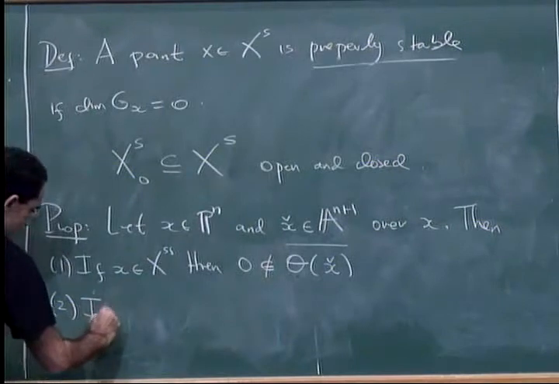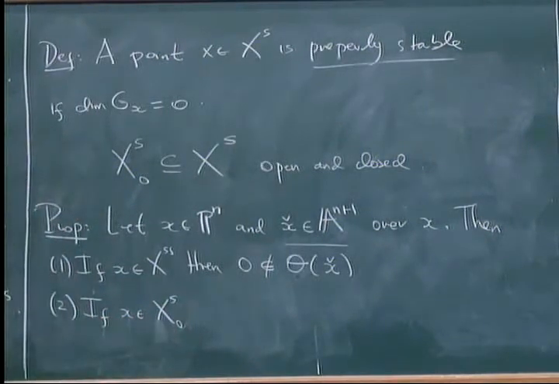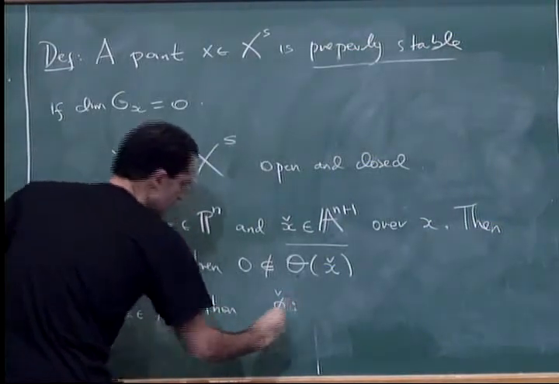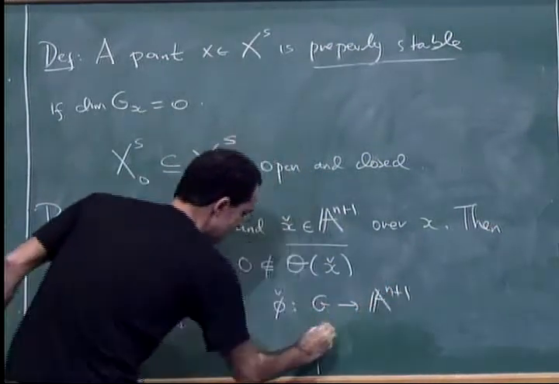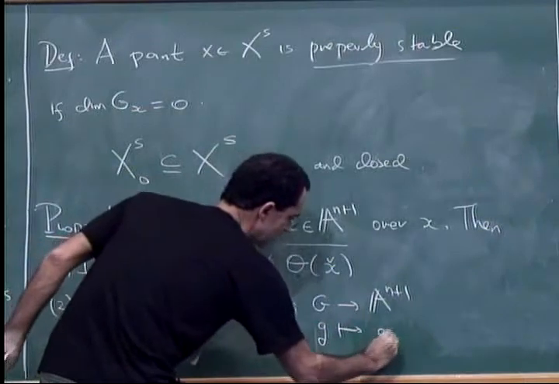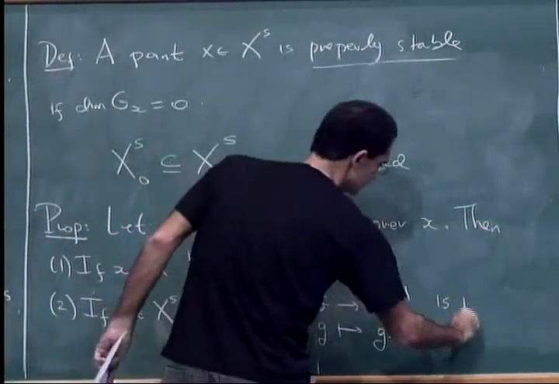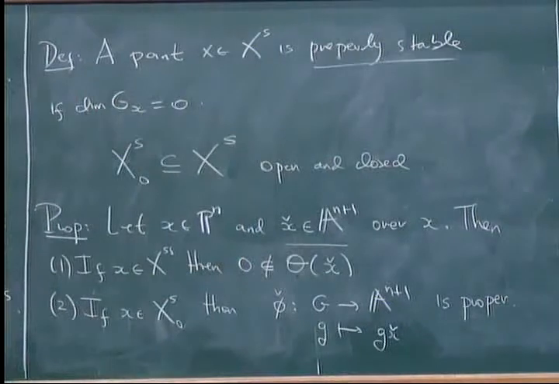And the other condition is that if x is in the properly stable locus, then the orbit map from G to A^(n+1) that takes g to g x check is proper. Okay.